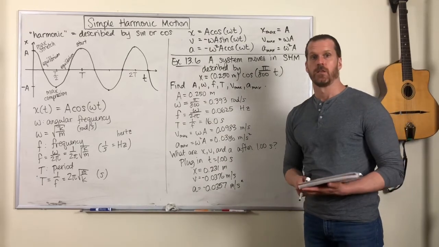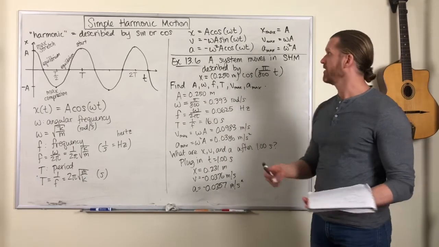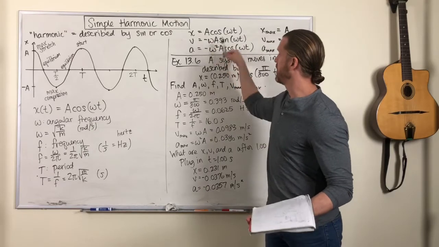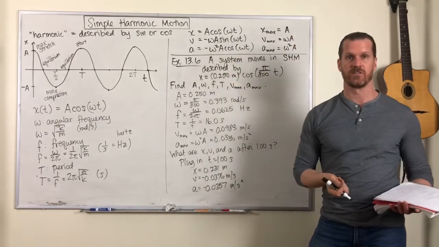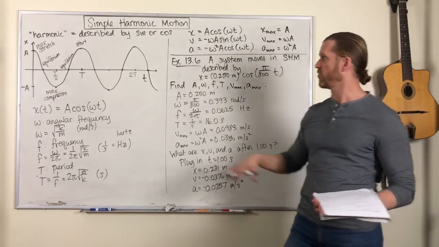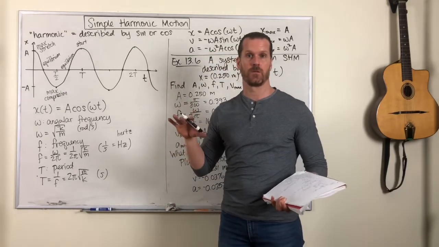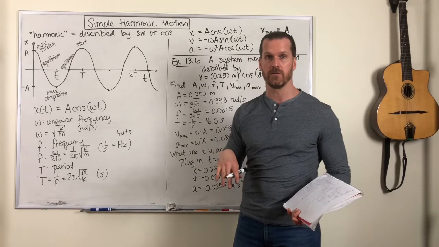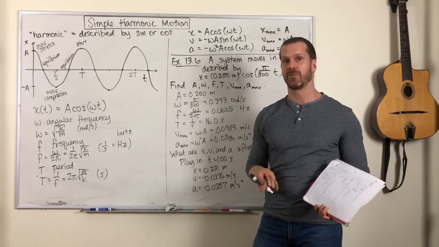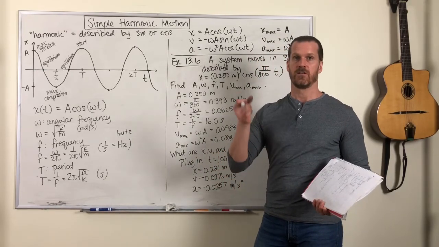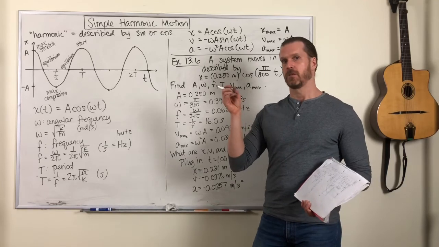All right, last reminder. These are the equations of simple harmonic motion. We've been analyzing them for a system of a mass attached to a spring, but this is completely universal. Pendulums do this.